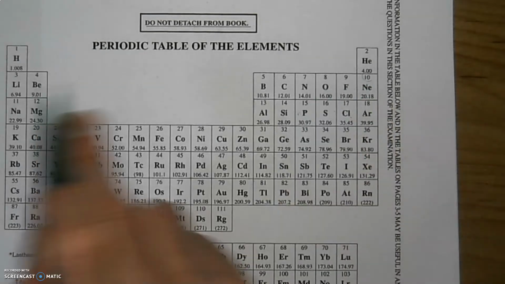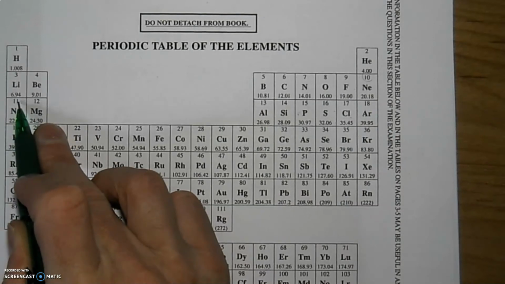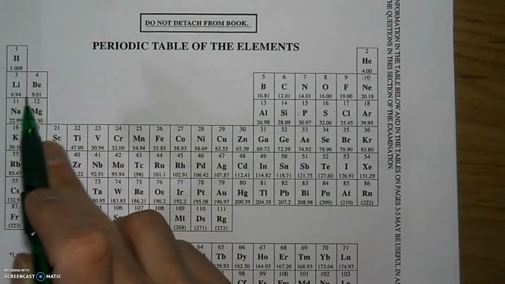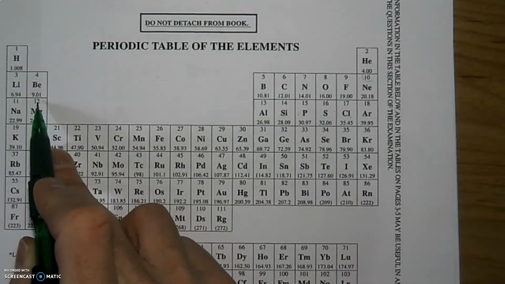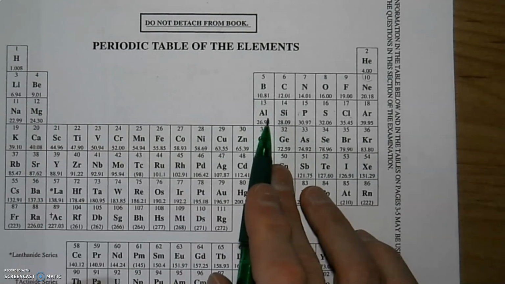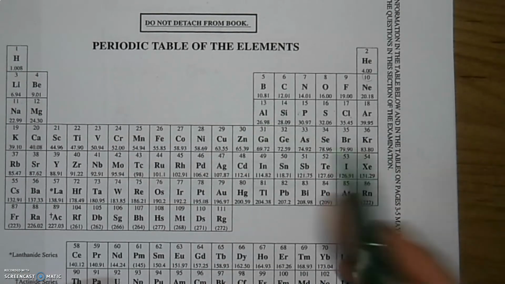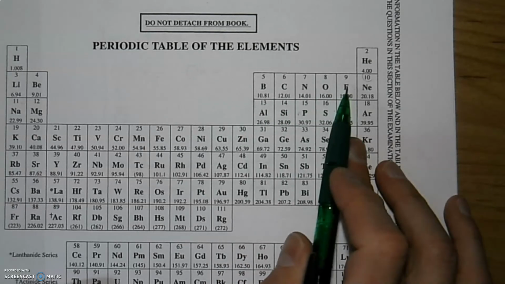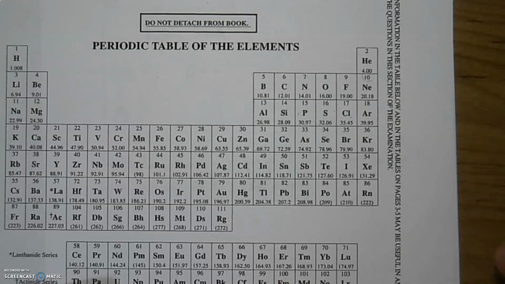For example, sodium loses 1 of its electrons. It's +1, 10 electrons. Magnesium loses 2 electrons, +2, 10 electrons. Aluminum loses 3, +3. And then these other guys typically will gain electrons and end up with a total of 10.